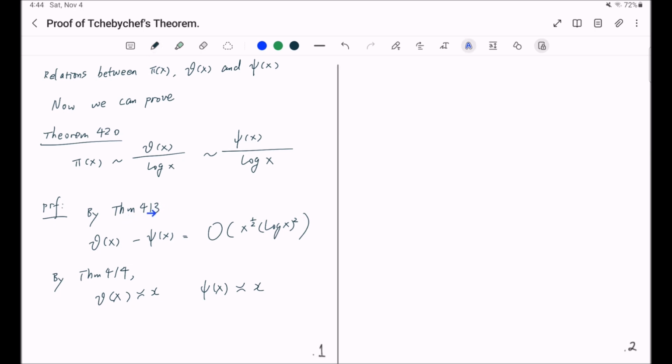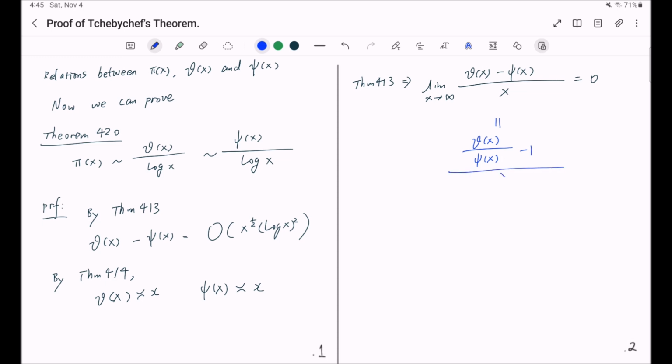From theorem 13, we know the limit as x goes to infinity of theta of x minus psi of x divided by x is 0. And if you divide both numerator and denominator by psi of x, the numerator will become theta of x divided by psi of x minus 1.